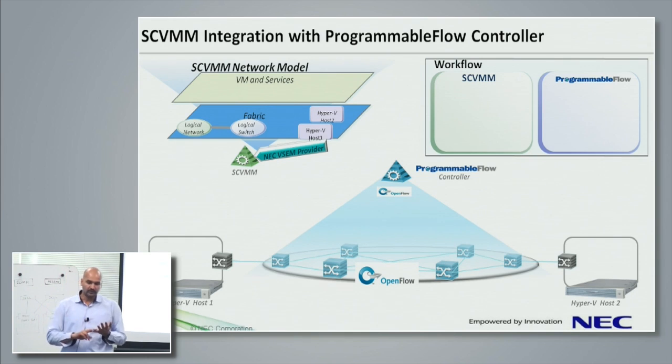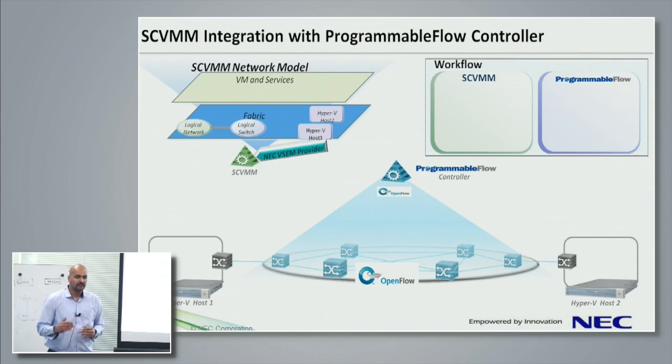All right, so this is for the virtual network. Also, if you have a new Hyper-V host that you are connecting to the System Center, the System Center will also provision the PF1000. PF1000 is the virtual switch extension for the Hyper-V virtual switch.